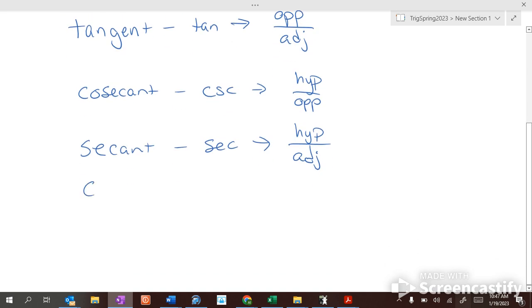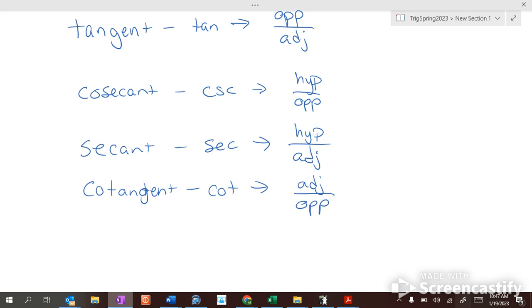And the last one is the cotangent, which is COT, which is the reciprocal of tangent, which is the adjacent over the opposite. So those are our 6 basic trig functions.